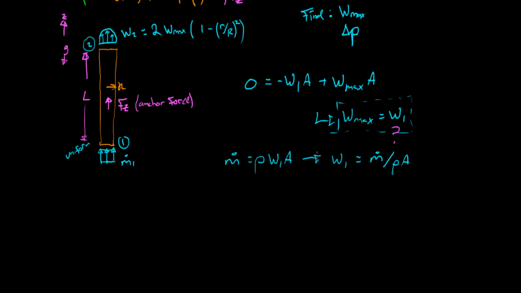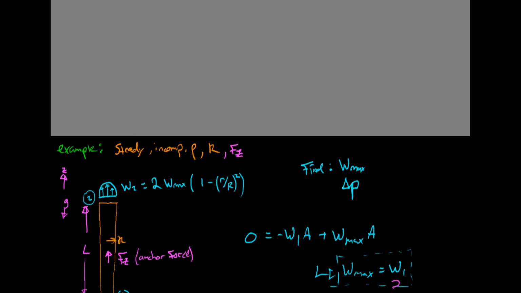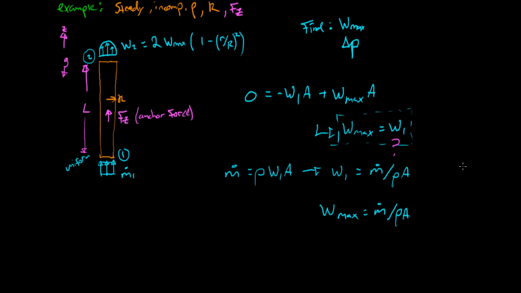Well, that gave us W1. You sub that in here, and it tells us that W max is equal to M dot over rho A. Notice they gave us M dot, they gave us rho, and we know R, so we can calculate the area. And so we have solved the first half of the problem here. Find W max.